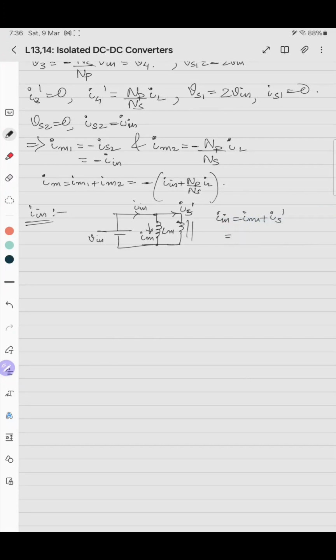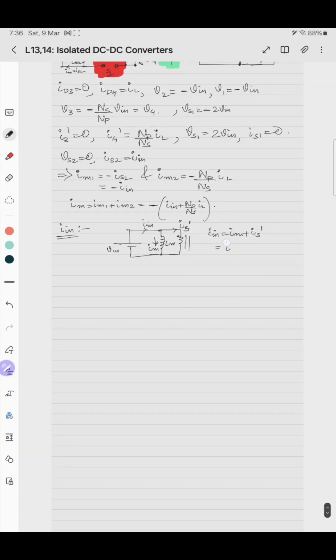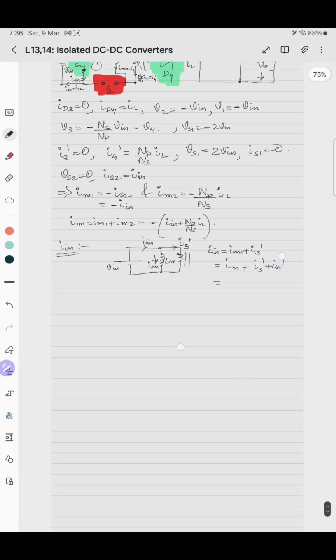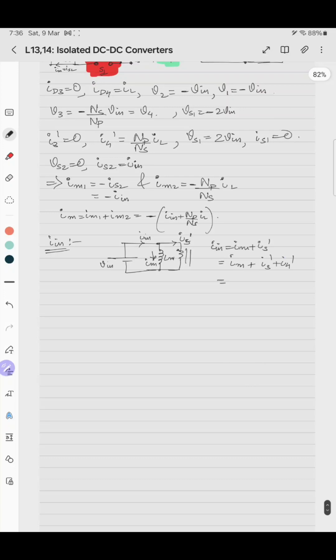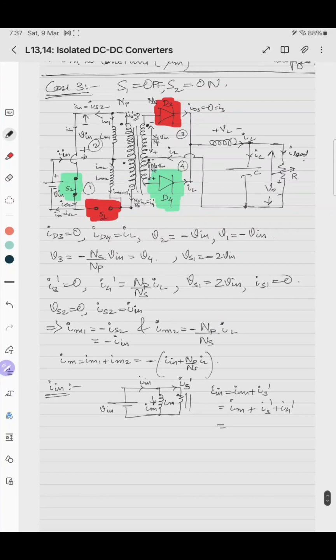So overall IM in this case is basically based on the waveform, plus IS dash. So IS dash is I3 dash plus I4 dash. So in this case, I3 dash is 0 and I4 dash is this thing.